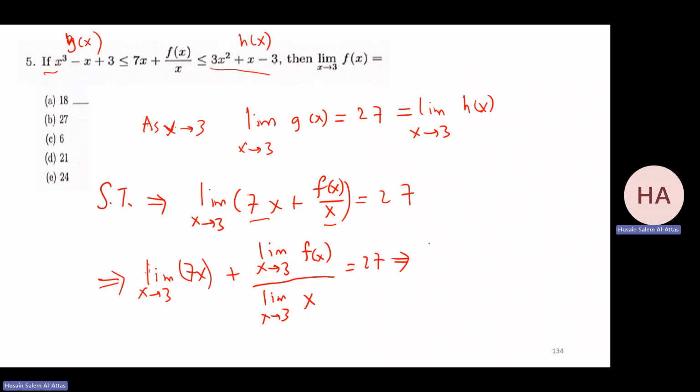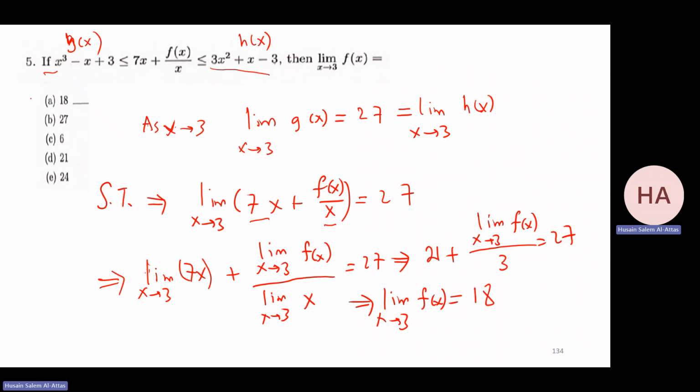That means 21 plus this limit, which I'm looking for, over 3 equals 27. That means the limit as x goes to 3 of f of x equals, taking 21 to the other side, 6 times 3, which is 18, which is this one.